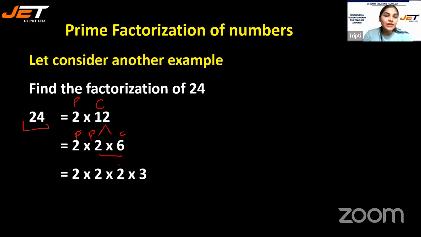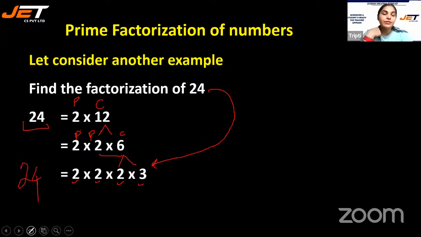So this 6 can be written as 2 times 3. Now if you see 2, 2, 2, 3, all these numbers are prime numbers. So this is the prime factorization of number 24, when you write the numbers in terms of prime factors.